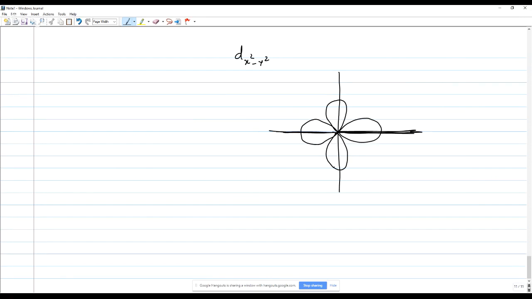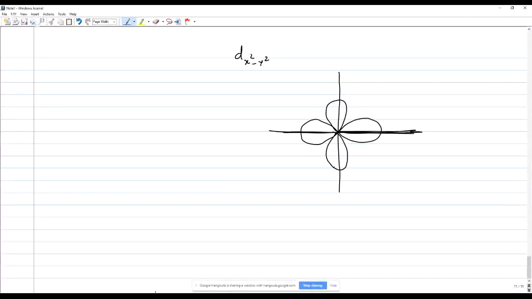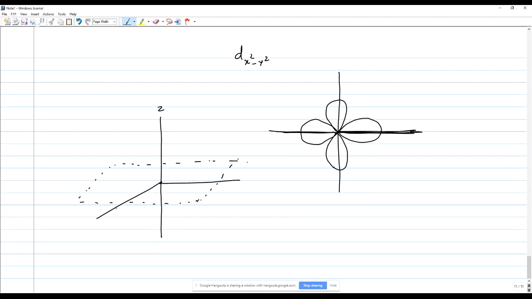Then the other orbital that you have asked about is the dz square orbital. For the dz square orbital, we do need the 3-dimensional picture, but assuming that we have this as the z-axis and the xy plane is this, the dz square orbital is something like that.